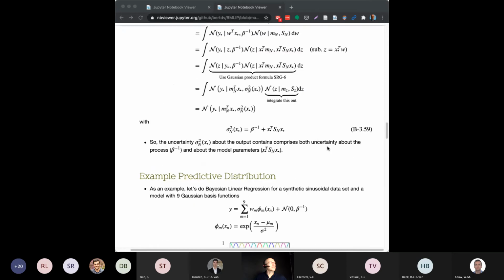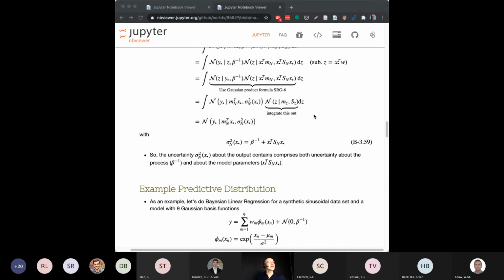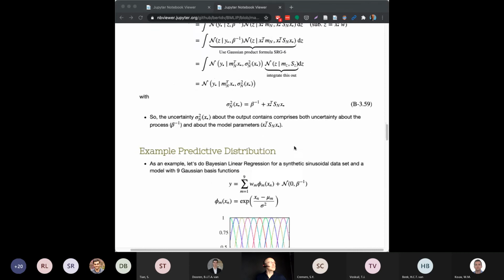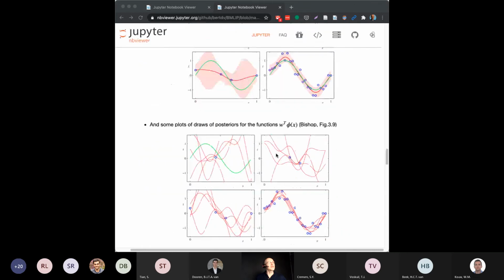Are there any other problems in this lesson? What comes after this, I think these plots are interesting.